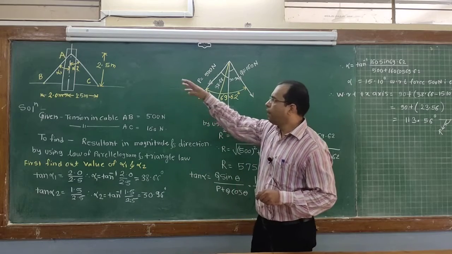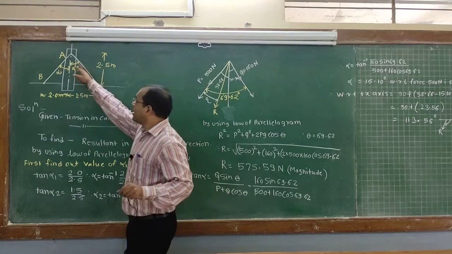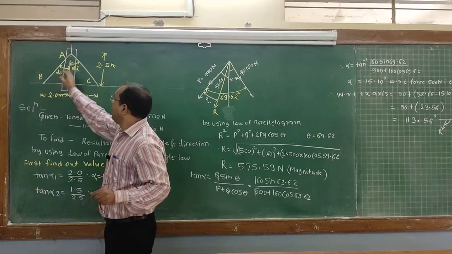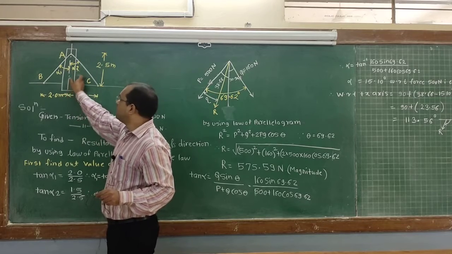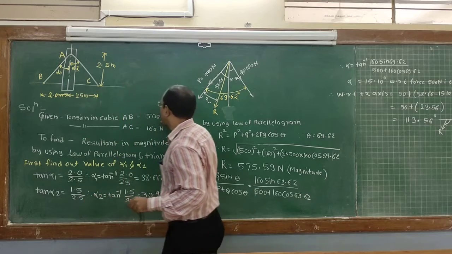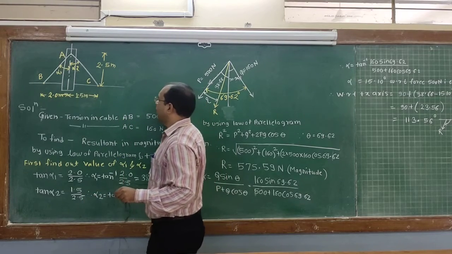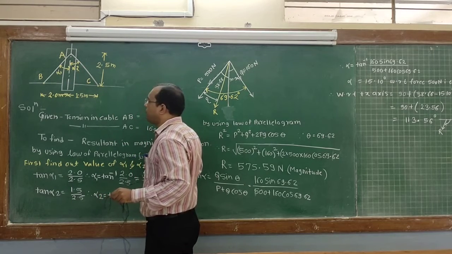In this figure, the problem statement mentions two cables, cable AB and cable AC, which support this pole. The tension in cable AB is 500 Newton, and the tension in cable AC is 160 Newton.